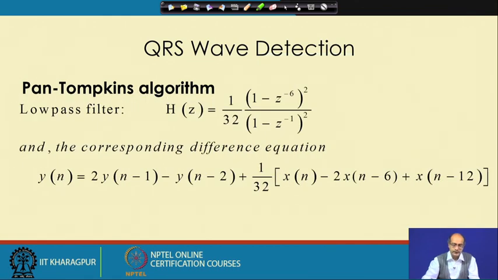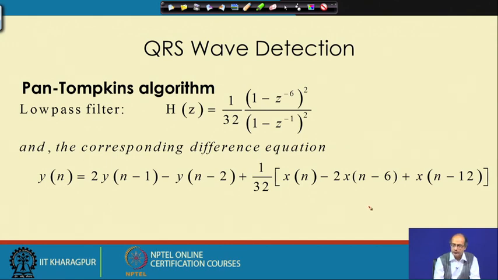First, the signal has to be passed through a band pass filter. For that, a low pass filter is taken. The transfer function is given here, and the corresponding difference equation is also given.